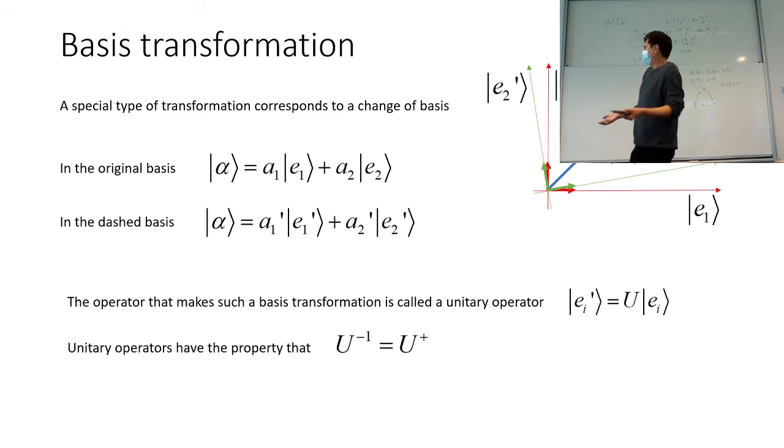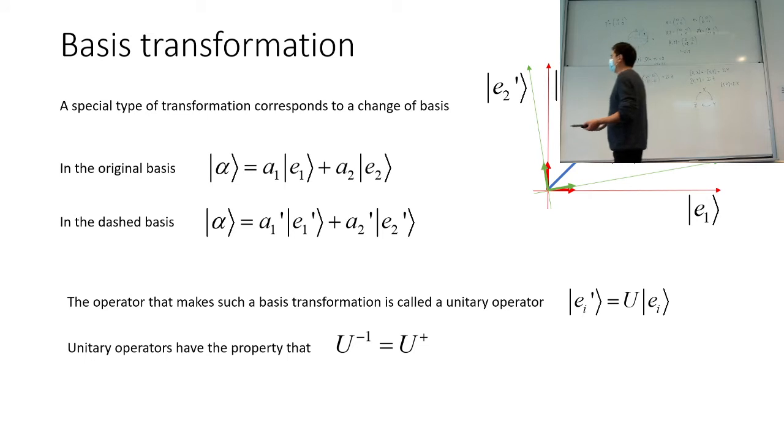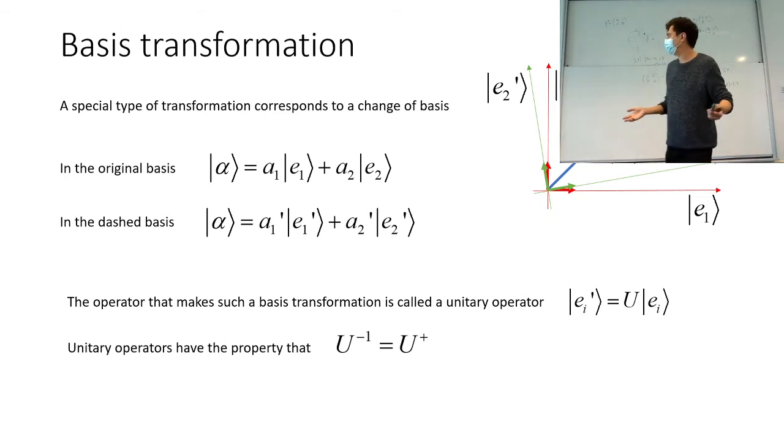But it's exactly the same vector. It's just represented differently. And this coordinate choice is arbitrary. I can choose whatever is convenient for me.